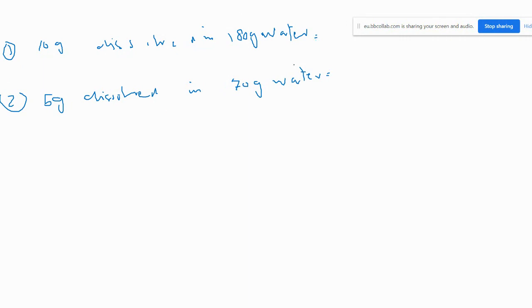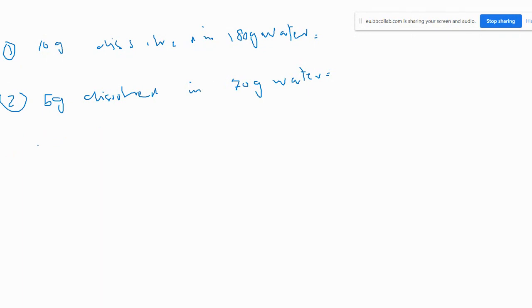You find by percentage. Okay, let's find by percentage. For percentage, we have this formula: W by W is equal to mass of solute, which is sugar, divided by mass of solution.